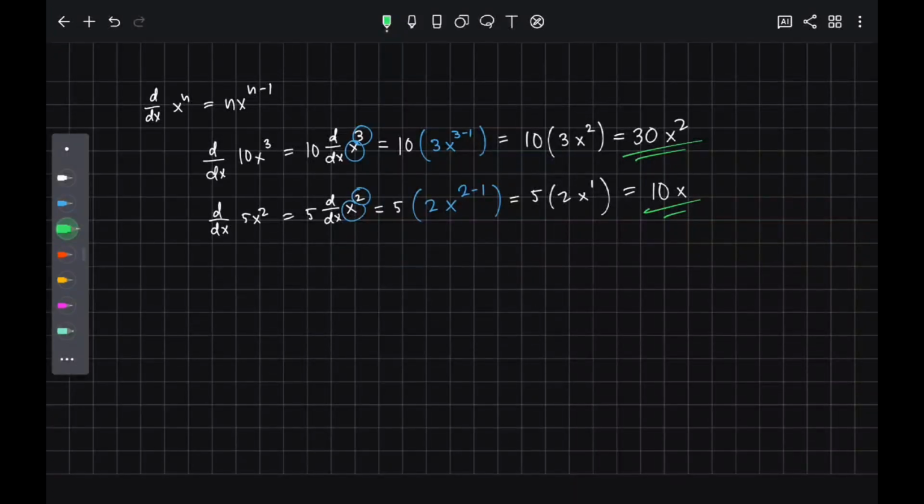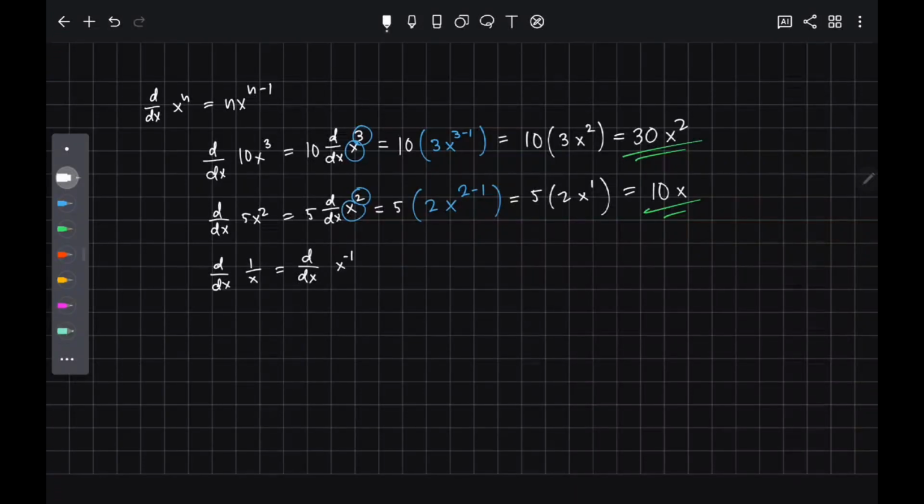Now let's try some more challenging problems. For example, the derivative of 1 over x. How will we be able to use the power rule with 1 over x? Remember that 1 over x is just the inverse of x, meaning it is x raised to negative 1.